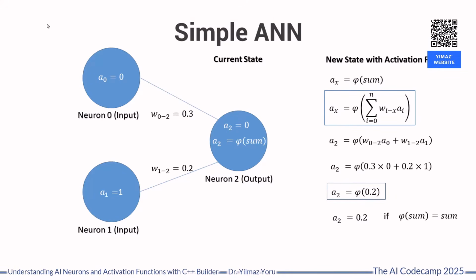For example, we multiply input value 0 with weight 0 and input value 1 with weight 1, and then we sum all of these values together, which is called the net input value. Then this sum needs to be used in an activation function. So we need an activation function here to define what kind of output we will give from this sum of results.